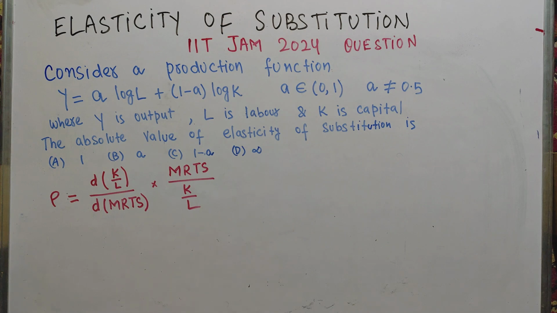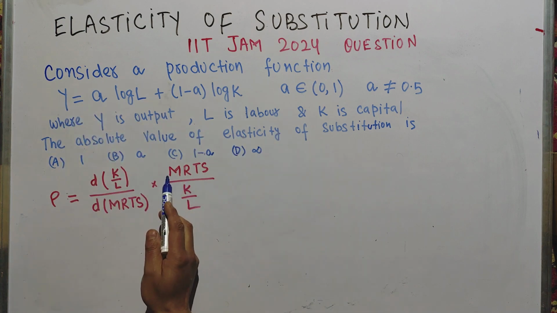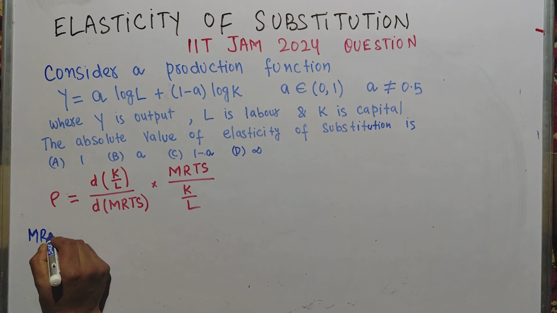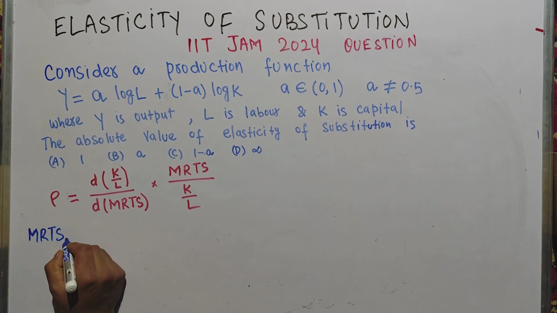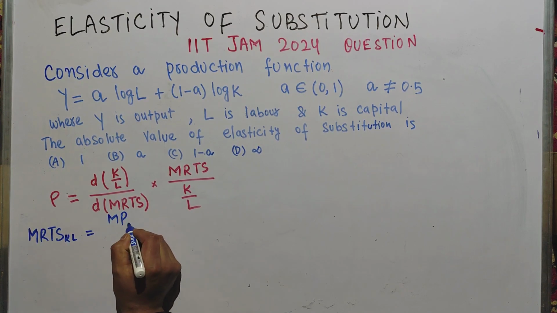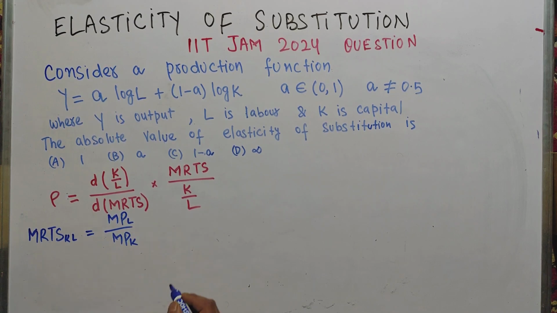Now here what we need to do, given this production function, is first find out the marginal rate of technical substitution. So the marginal rate of technical substitution between capital and labor is given as the marginal product of labor upon marginal product of capital.